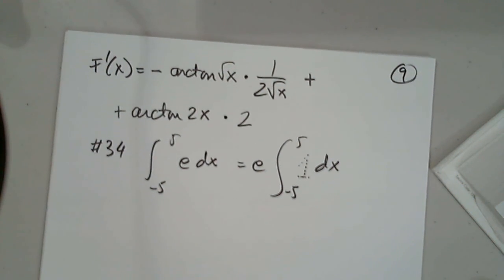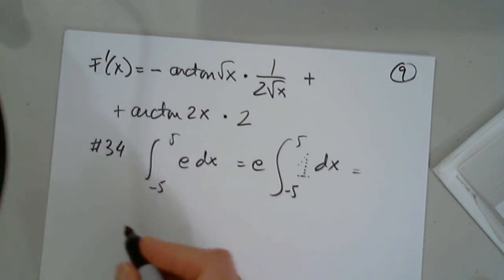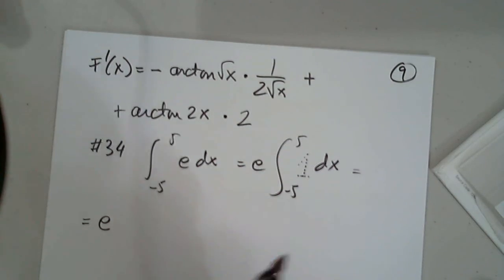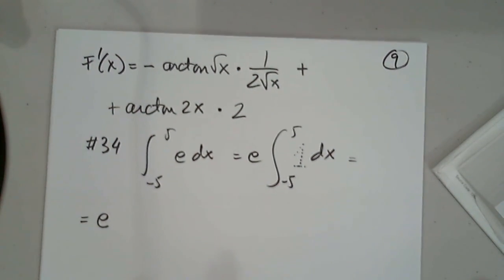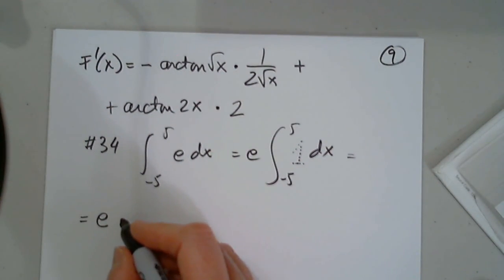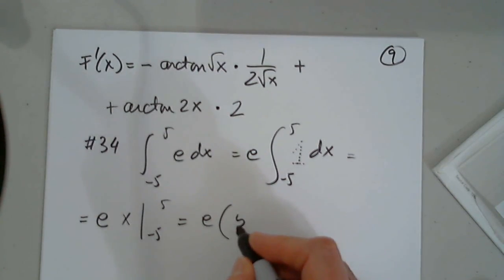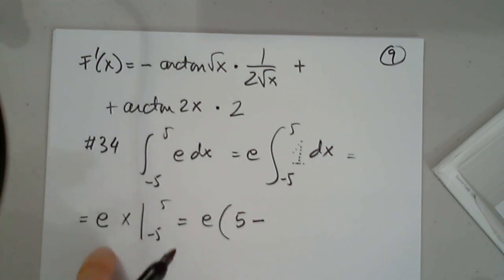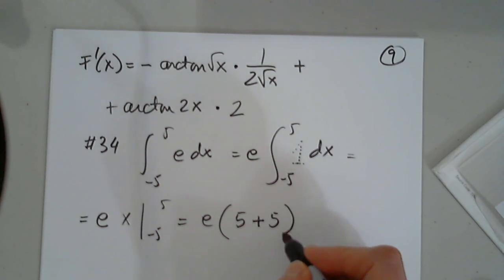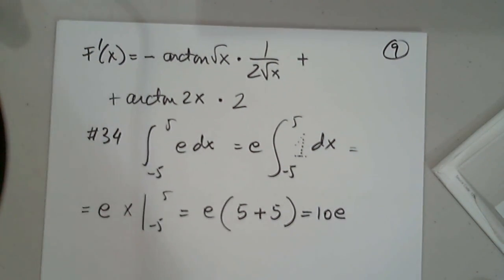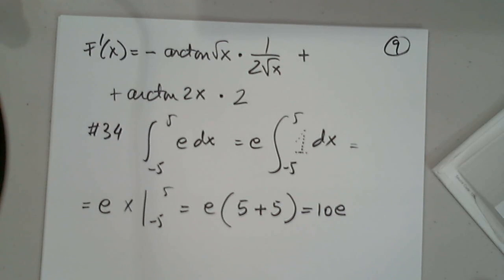So this is e times the integral of 1. Which function has a derivative of 1? Just x. Very good. From -5 to 5. Leave the constant outside, plug in 5, and subtract when you plug in -5. So this is 10e. Good.